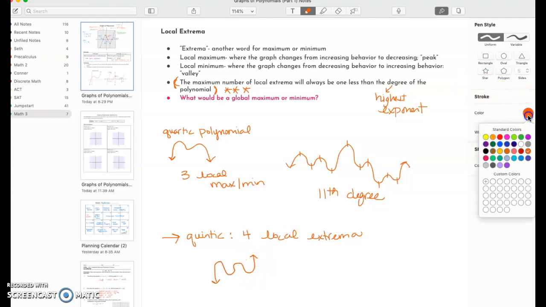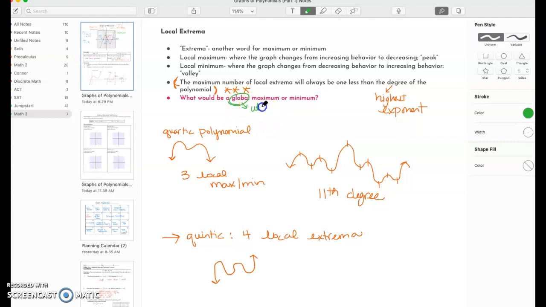And then the last question there is about a global maximum. So if we go back to that word local, meaning in the area of, global is the whole graph. So can you find an absolute high point or low point on a polynomial function? Sometimes you can. So if it's a quartic or a quadratic, so something with an even degree, we're going to hit a high point.